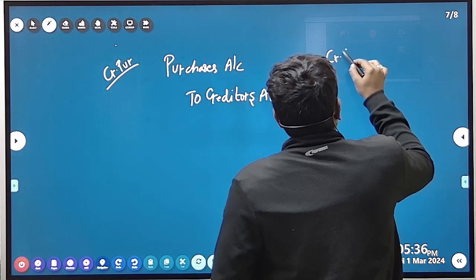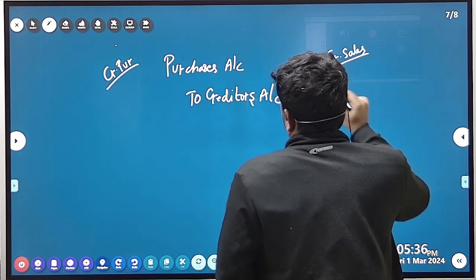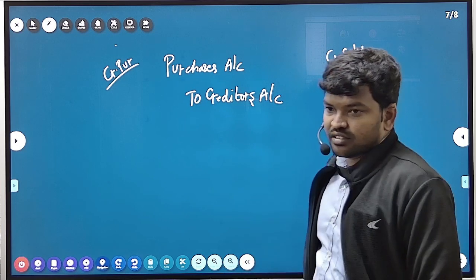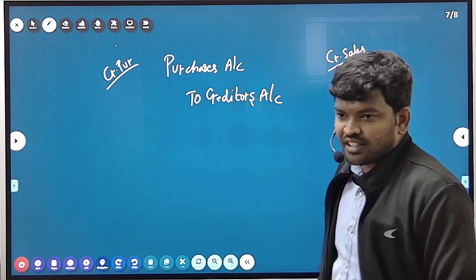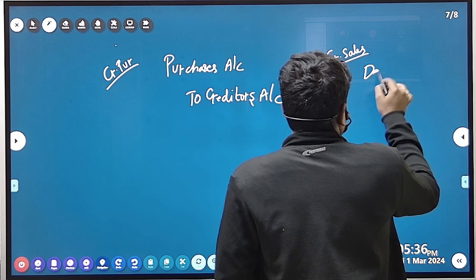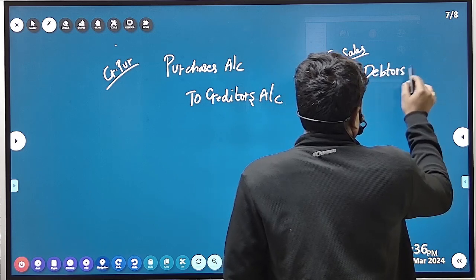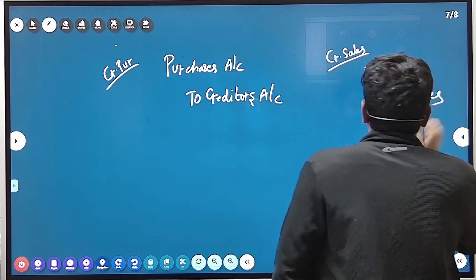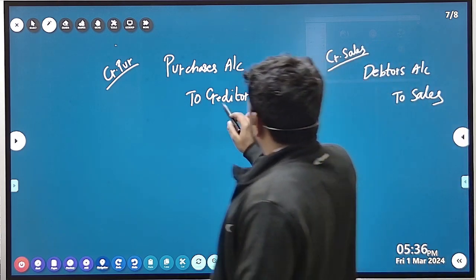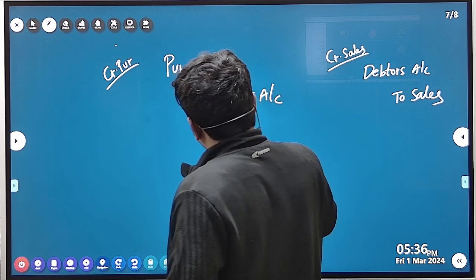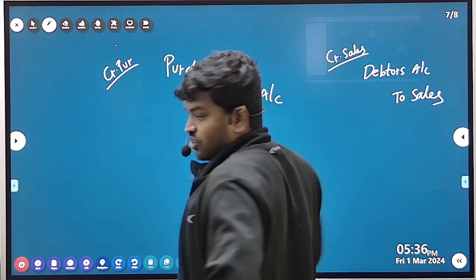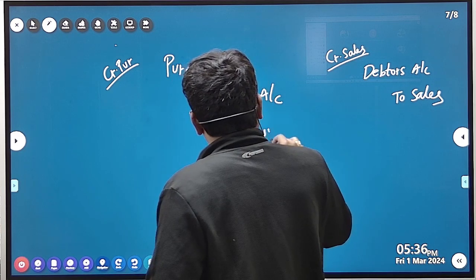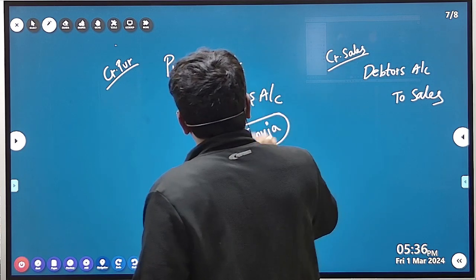You sold some goods on credit. What is the entry? Debtors account debit to sales. Yes. Say for example, this creditor is nothing but Miss Tanuja.